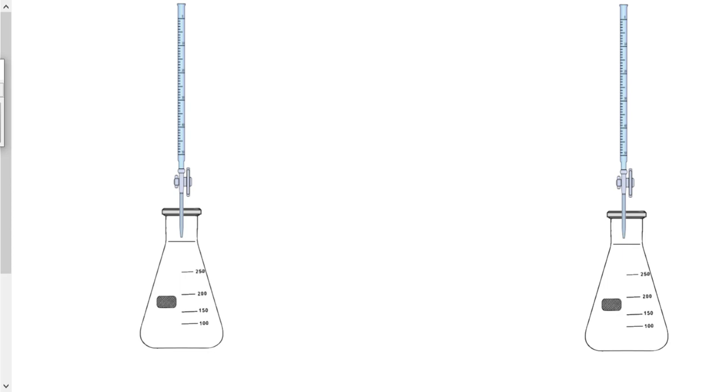So in this slide, we have two Erlenmeyer flasks. We'll start with the first one on our left side. Let's assume that in this Erlenmeyer flask, we have an unknown concentration of an acid. So the concentration of the acid is unknown. We have to figure it out.